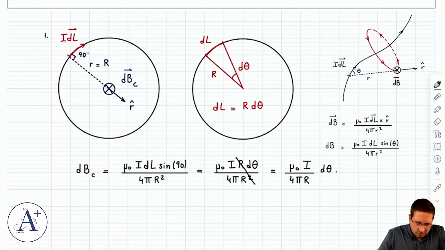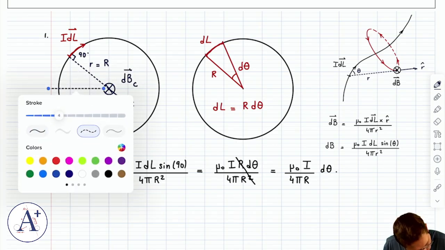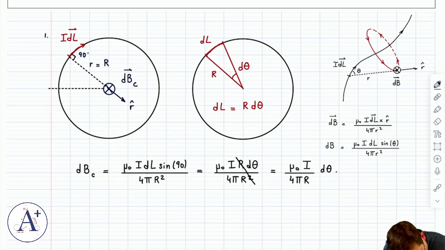Okay. Which means that I'm going to integrate over theta, but I should really define what I mean by theta. Now, theta is going to reference the position of dl, either with respect to the horizontal or the vertical. It's up to you. If it's up to me, I tend to choose the horizontal, but you don't have to. This theta here tells me where dl is. If you tell me what theta is, I know exactly where I am on the circle.